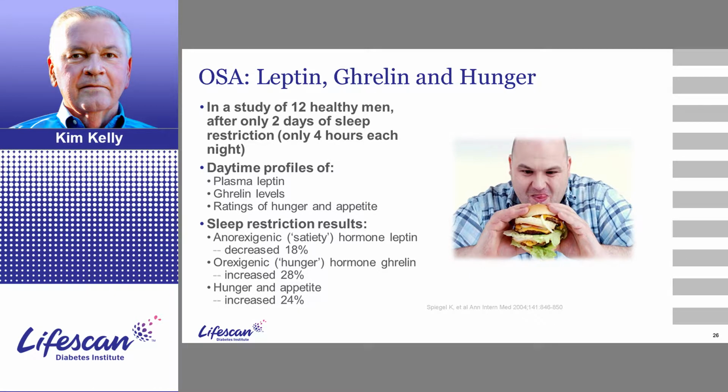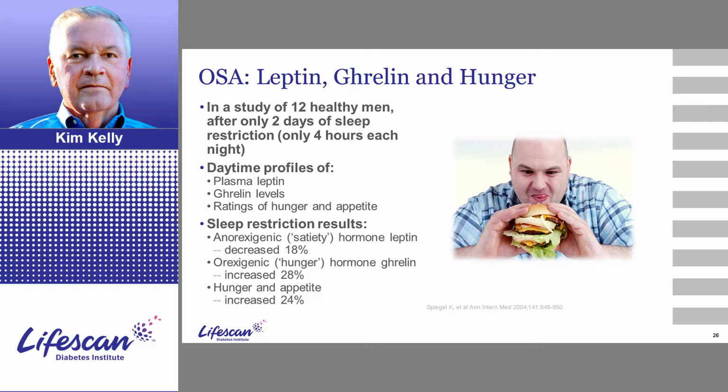In addition, OSA changes a number of facets of your chemistry to the point where you get increased appetite, and this is primarily because of a change in hormone levels. Daytime profiles of plasma leptin, ghrelin, and hunger and appetite on a questionnaire were studied in individuals who are in good health with only a couple of days of sleep restriction, which is what you would see when you have obstructive sleep apnea and have arousals during the night.